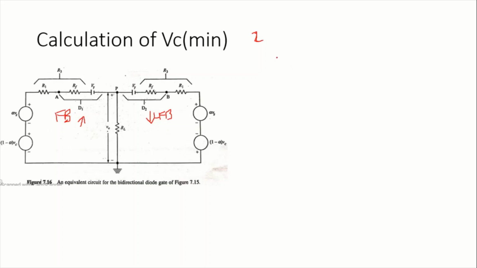So we have to stop at a condition. When diode D1 is forward biased, and diode D2 is just entering into reverse bias, not complete reverse bias, at that condition, we find the output voltage when diode D1 is in forward bias, and the output voltage when diode D2 has just entered reverse bias, and equate these two: V0 at D1 forward bias equals V0 at D2 just entering reverse bias.